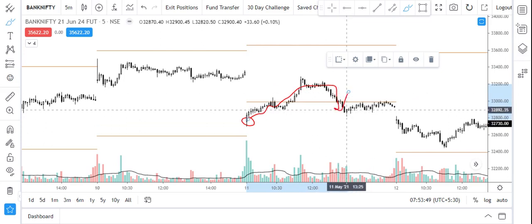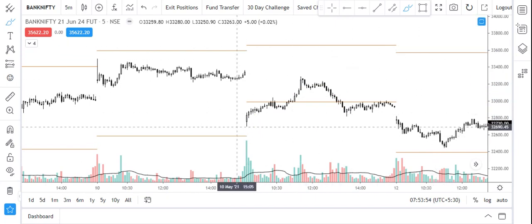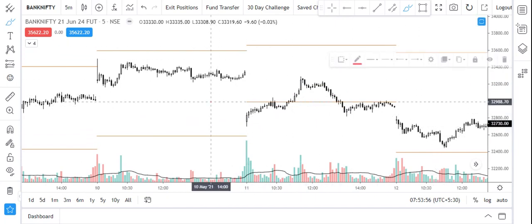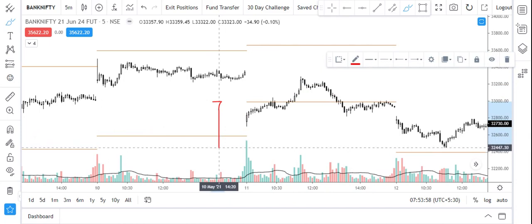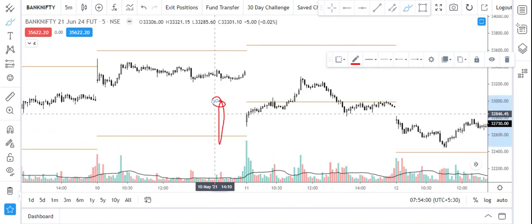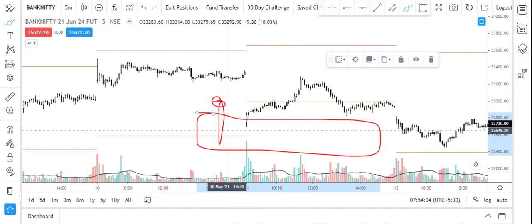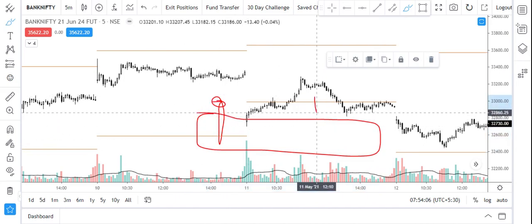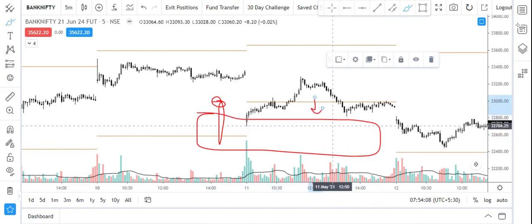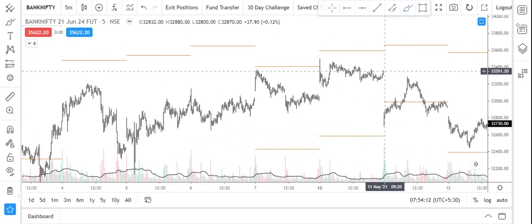These are very low probability breakouts, so we don't trade them. Also, there are cases when the market opens near S2, but gives a spike and then closes on the upside. That means the trading activity for this range has already happened in the morning itself, so whenever the breakout comes again in the second half, this is a low probability trade. These are the two kinds of trades we have to avoid.